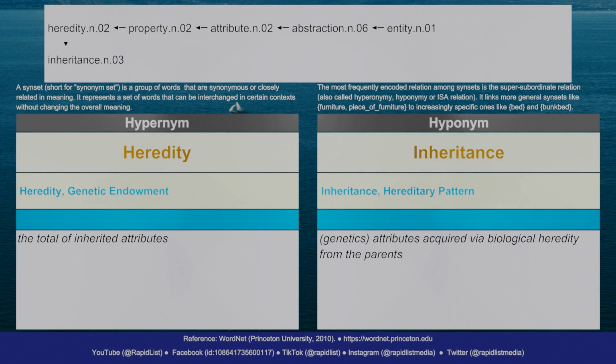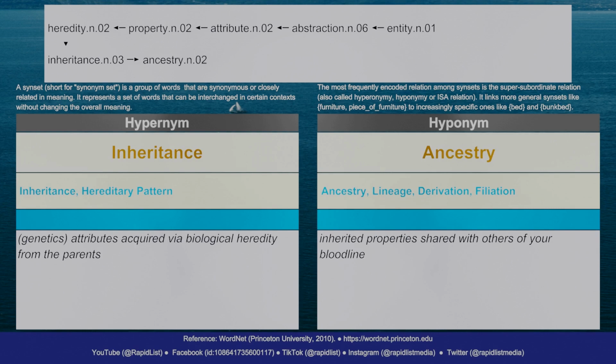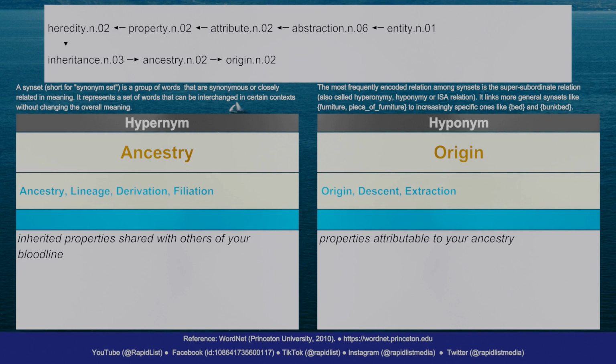Inheritance. Genetics, attributes acquired via biological heredity from the parents. Ancestry. Inherited properties shared with others of your bloodline. Origin.